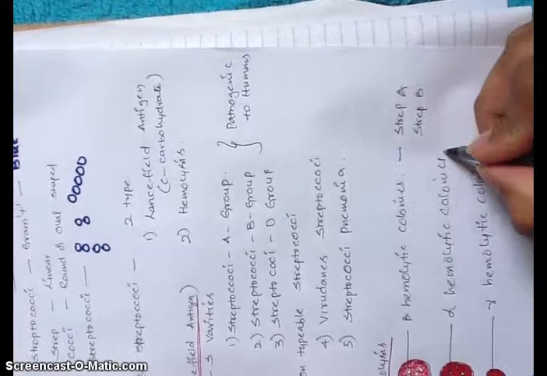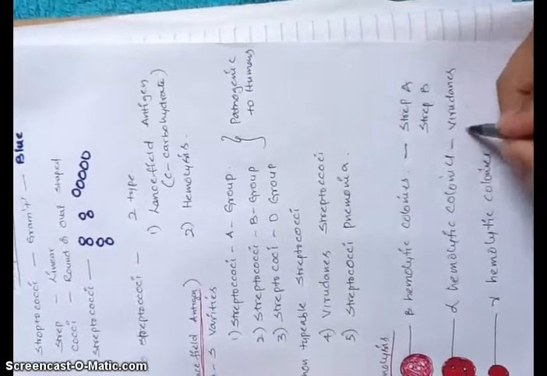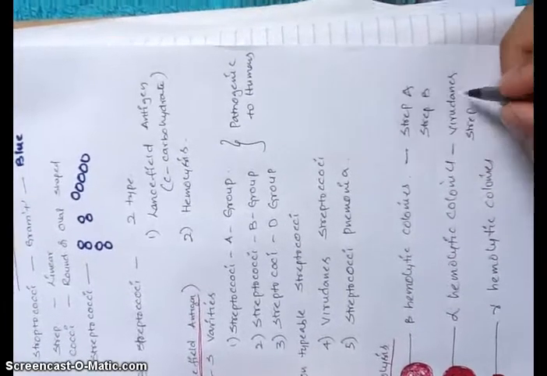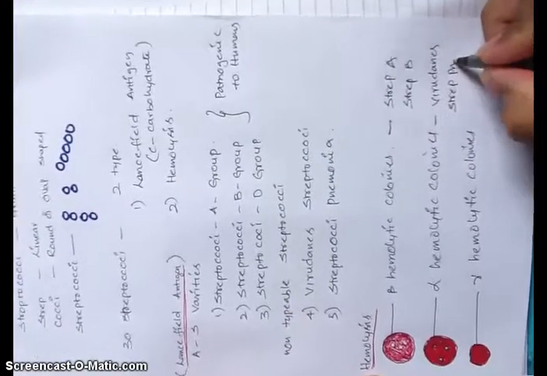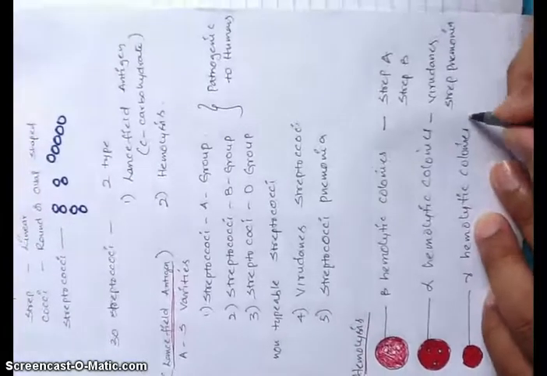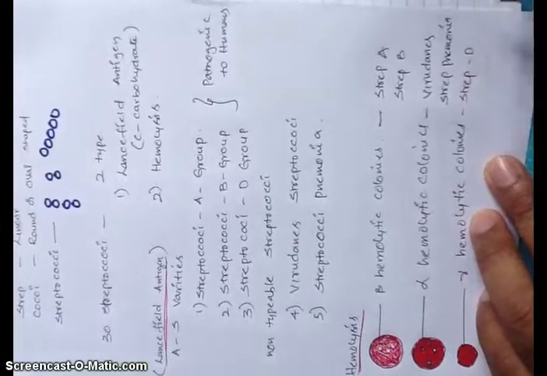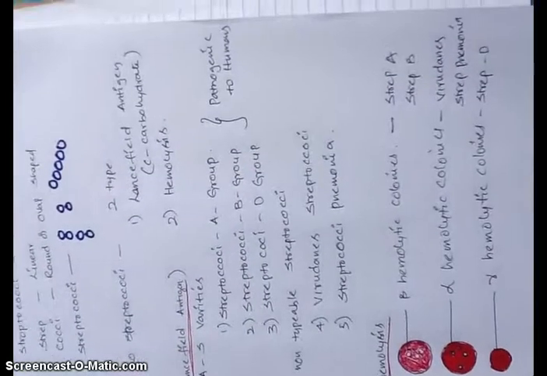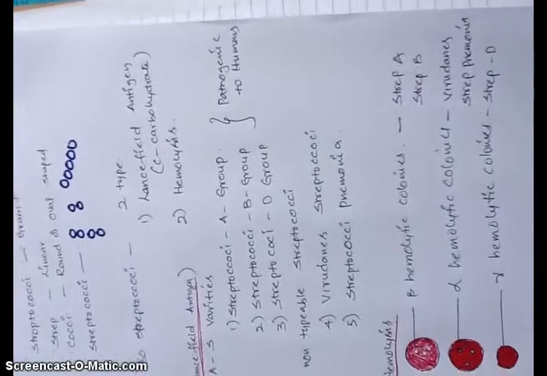The alpha hemolytic ones are viridans and Streptococcus pneumoniae. The gamma hemolytic one, the last remaining, is Strep D.